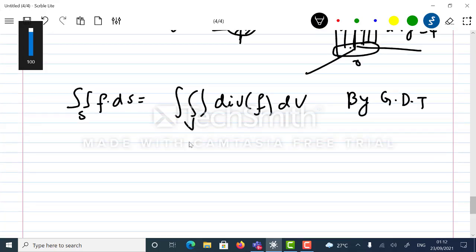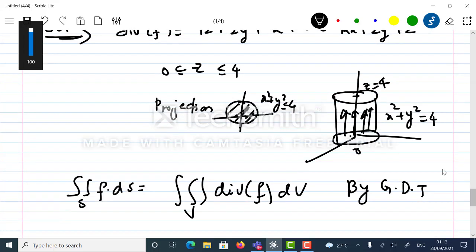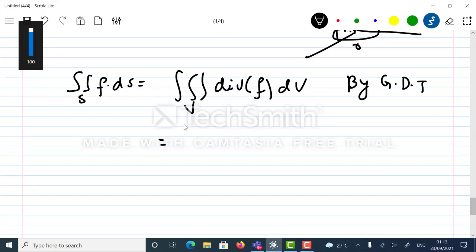Now I know the limits. Using the cylindrical transformation, z is 0 to 4, x is r cos theta, y is r sin theta, and r goes from 0 to 2 and theta from 0 to 2 pi.